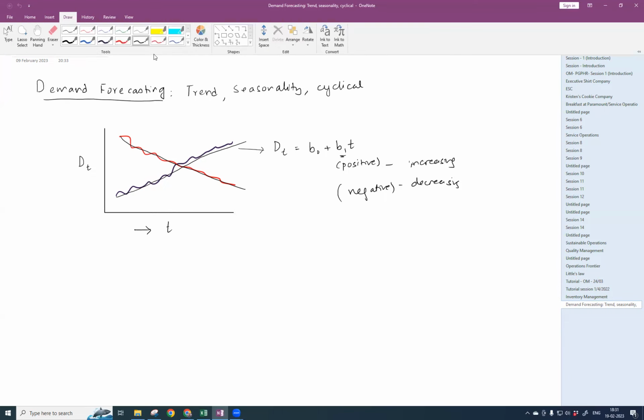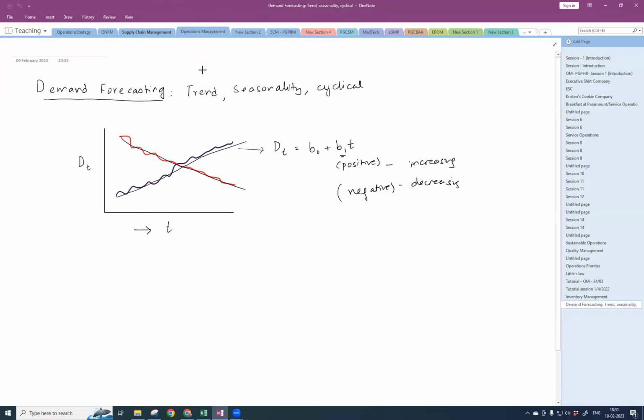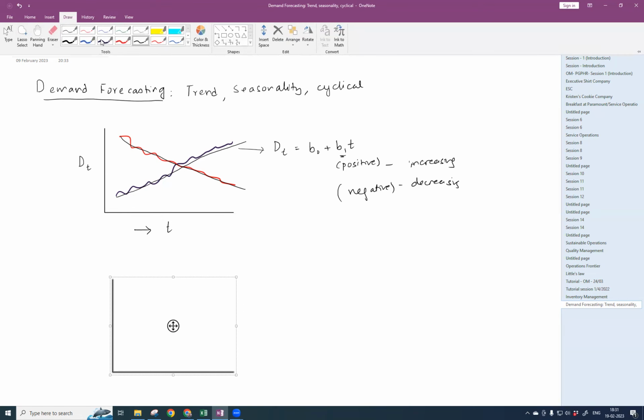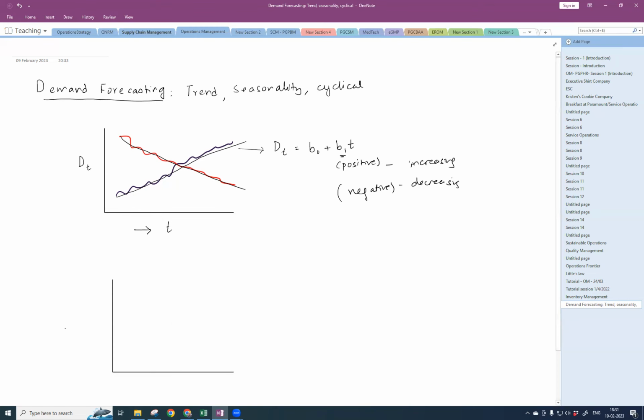Usually this is how a seasonal pattern looks like. So if I am trying to showcase that, if this is my X and Y axis, and for example, on the Y axis I have dt, and this is time over time. So let's say a wavy pattern is something that you'd see, right?